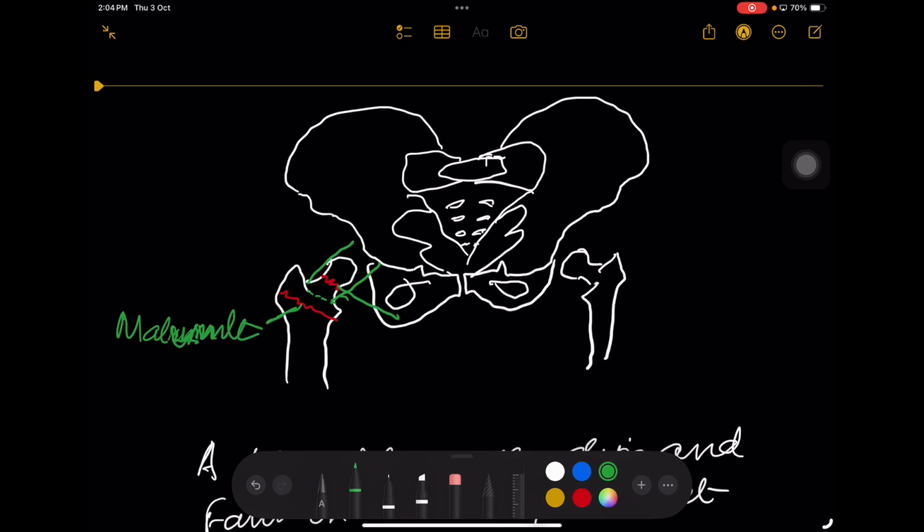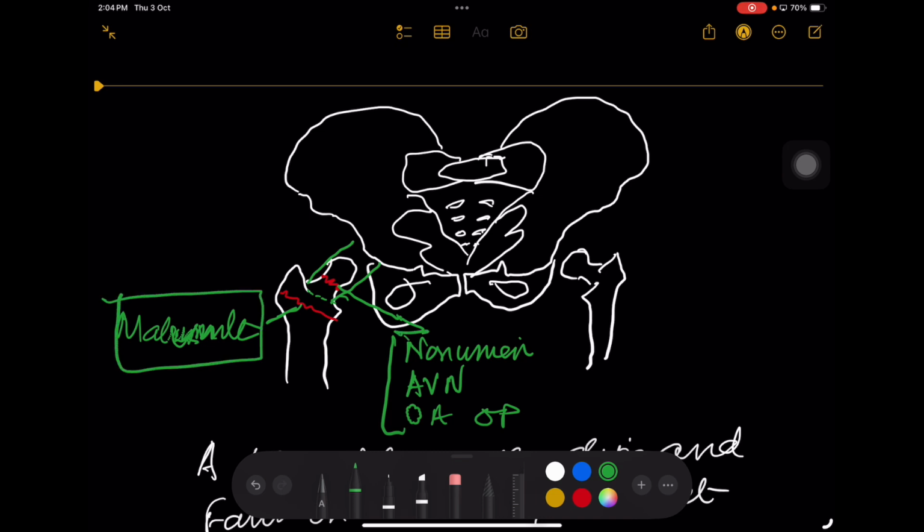But in a fractured neck of femur, the complications are non-union, avascular necrosis, osteoarthritis and osteoporosis. So these are the complications of neck of femur and this is the complication of a trochanteric fracture.